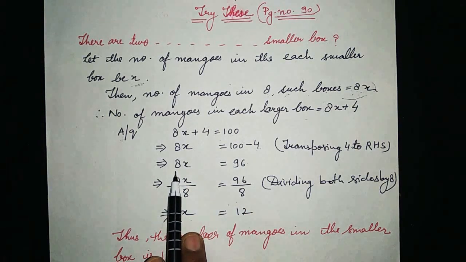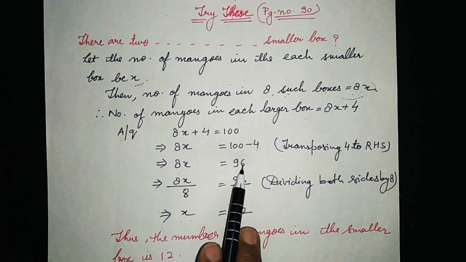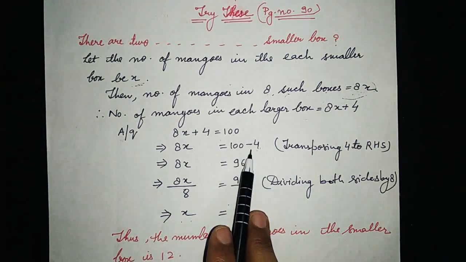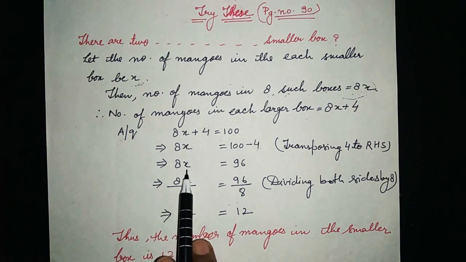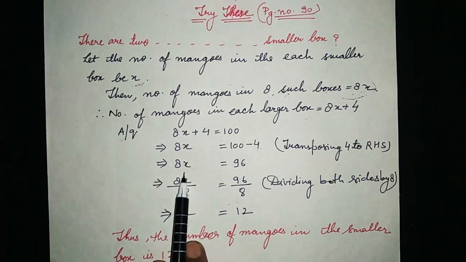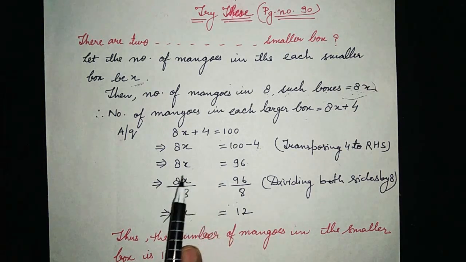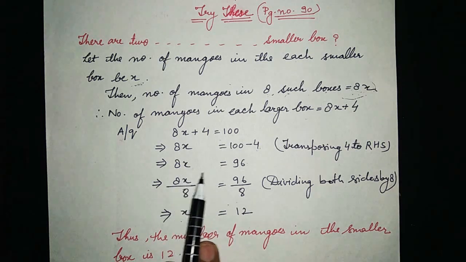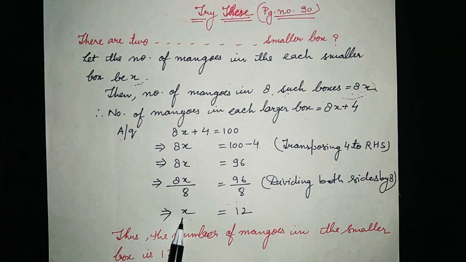Now the next step we will solve. 8x is equals to 96 will come, because here we have subtracted 4 from 100. So 96 is coming. Now we have to separate this unknown variable x. So for this we will divide both the sides by 8, and after dividing both the sides by 8, here we will get x.